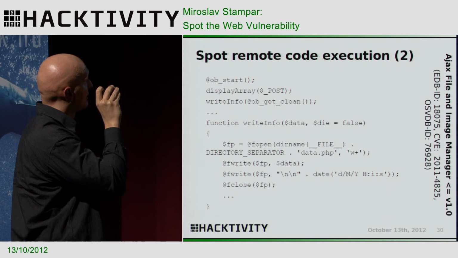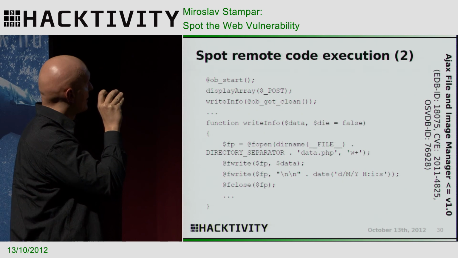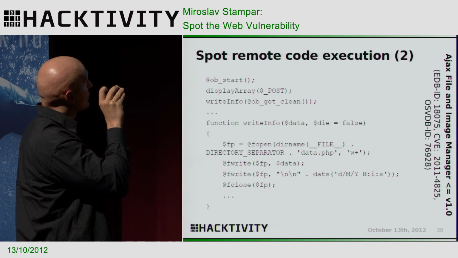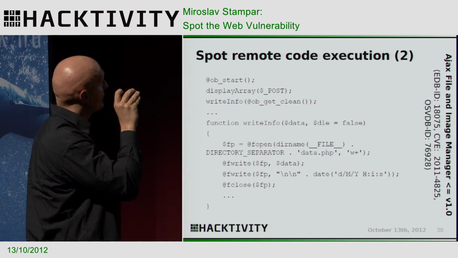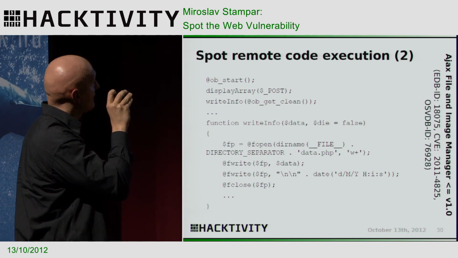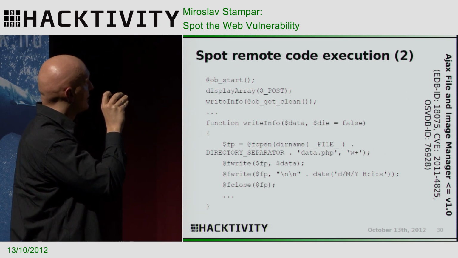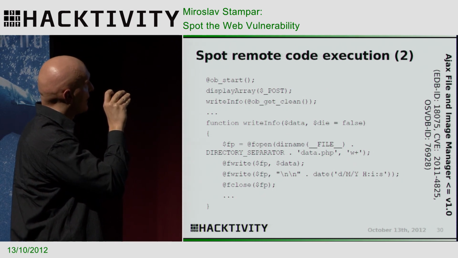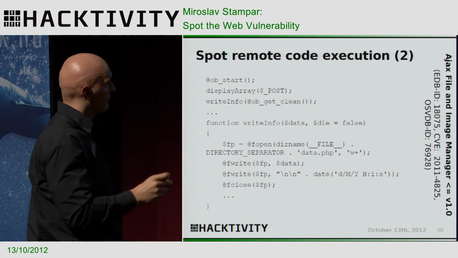And display array for this will basically go through all POST parameter values, try to display them to the buffer, and here those values will be used as a parameter value for write info. Inside write info, those same data will be written blindly to the FP. In this case, some predefined directory containing data.php.